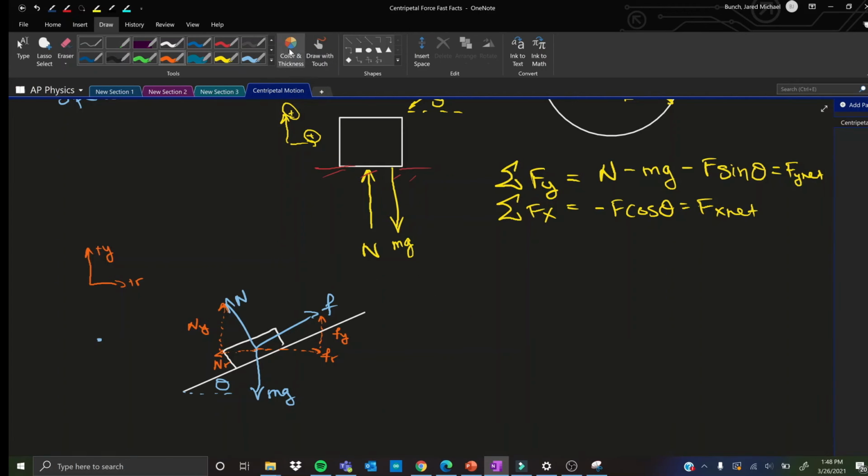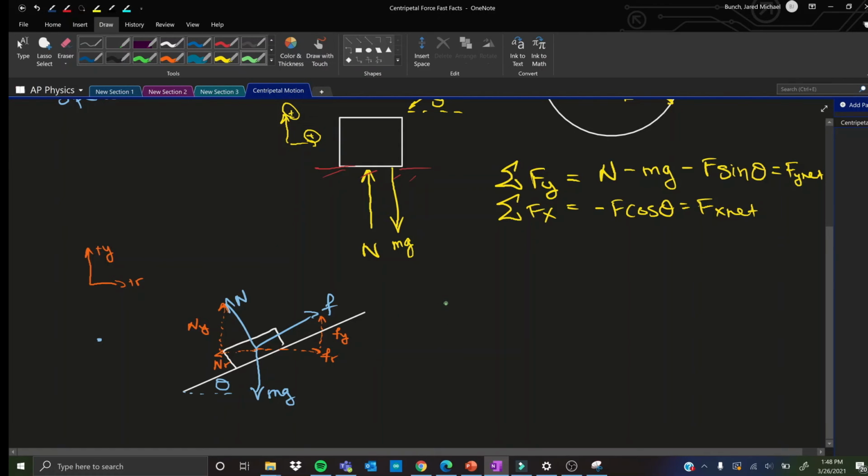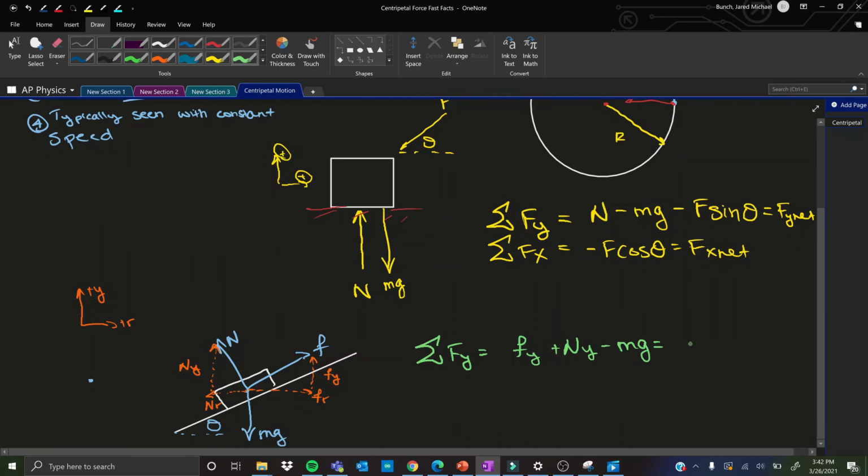So now what we're going to do is sum our forces in the y direction, just like we did above. Sum of forces in the y, and you'd get Fy plus Ny minus mg equals Fy net. Okay, so now we're going to do the exact same thing. We did the sum of forces in the y up above. We did sum of forces in the x up above. We did sum of forces in the y in this case down below. And now we're going to sum our forces in the radial direction.